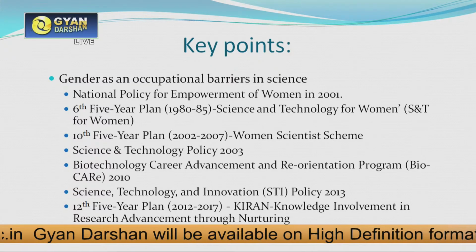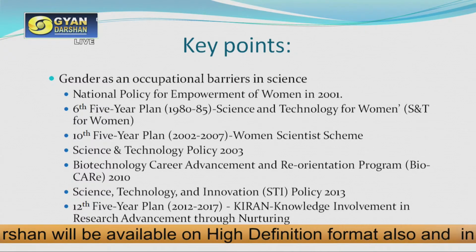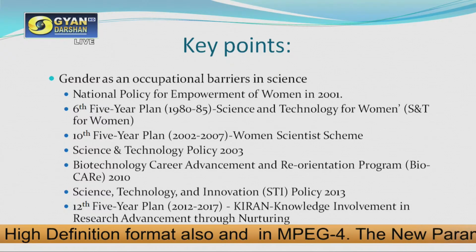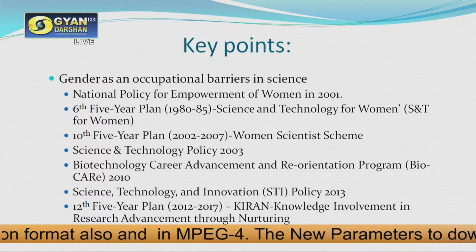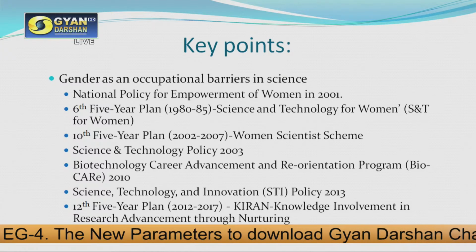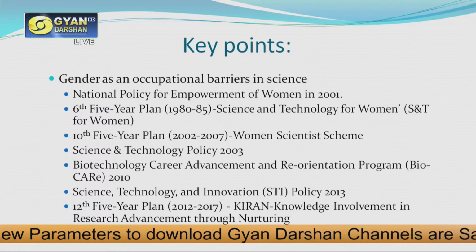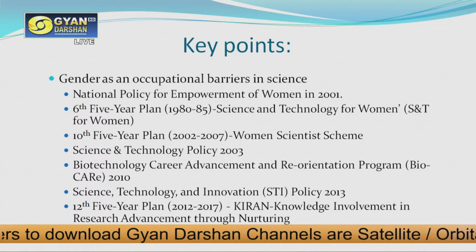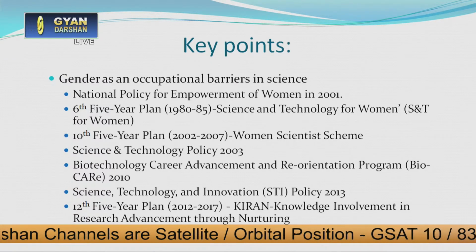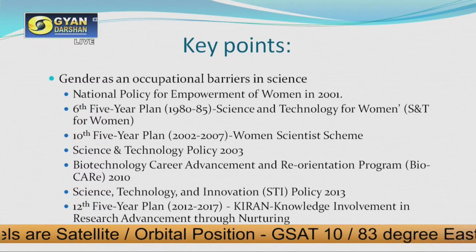Then the Science and Technology Policy 2003 came. The Biotechnology Career Advancement and Reorientation Program came into existence in 2010, then the Science, Technology and Innovation Policy 2013, and in the 12th 5-year plan, Kiran, that is Knowledge Involvement in Research Advancement through Nurturing. And the recent program is Gati.